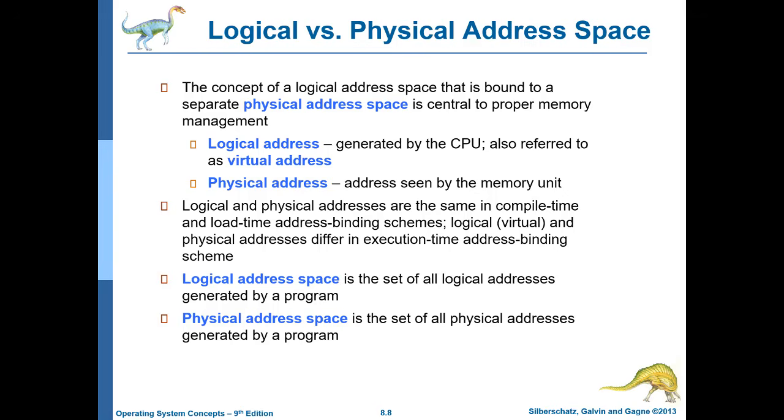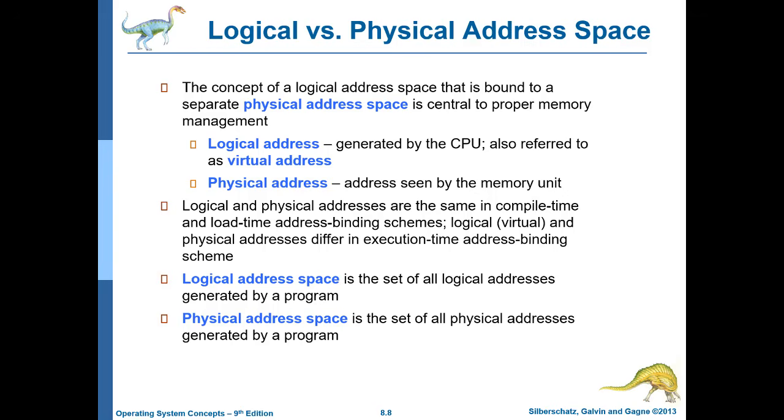And the other one is the physical address space, which is the address space seen by the memory unit, which consists of the RAM in the system. So what the CPU does is generate the logical address inside each process. It will say execute instruction number 5 in this process, or execute instruction number, for example, 50 in this process.